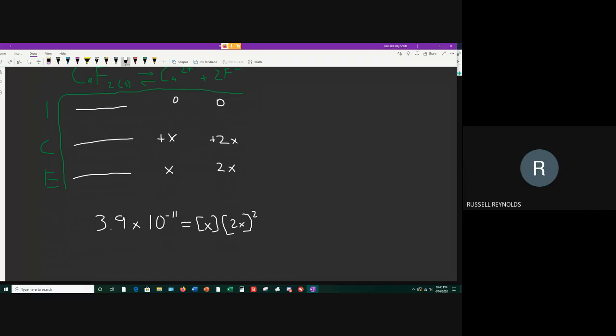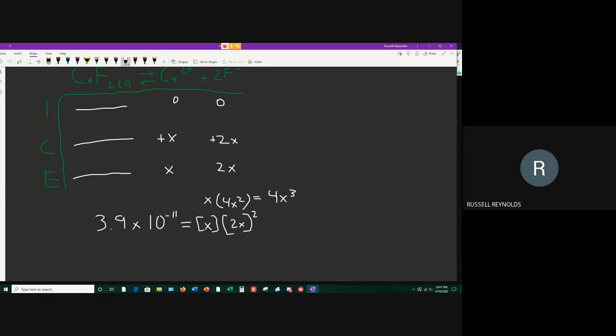So 2x squared is 4x squared. So 4x squared times x is going to equal 4x cubed.